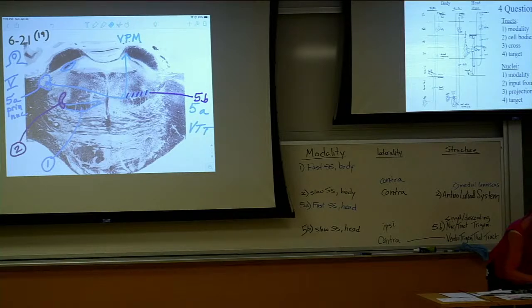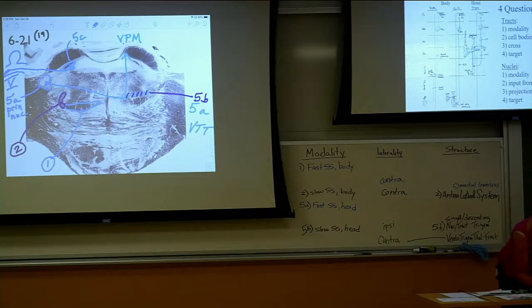So I'll just draw that in here. I'm going to take this one out just so we can see it. That primary afferent is going to send its axon in through the trigeminal nerve, but it doesn't have its cell body in the ganglion. That process goes all the way in, and it has its cell body located right here in the mesencephalic nucleus of 5. So we'll go ahead and call that 5C so that I can put it back on the board, but this is still part of fast somatosensory information.